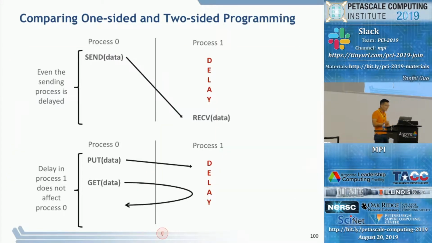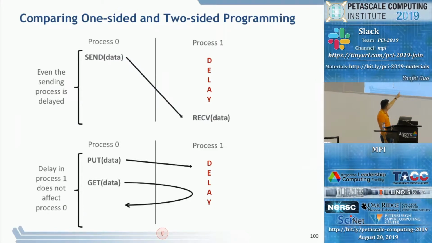Why one-sided communication is a good idea: if you think about two processes doing a send and receive, the sender can put information out, and maybe it's already on the network, and maybe even in the MPI receive queue on the destination.